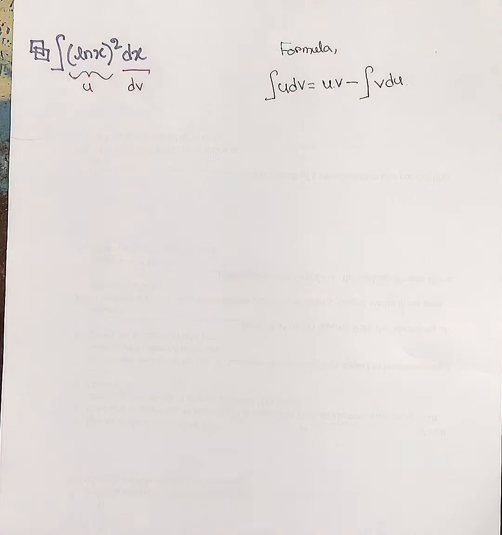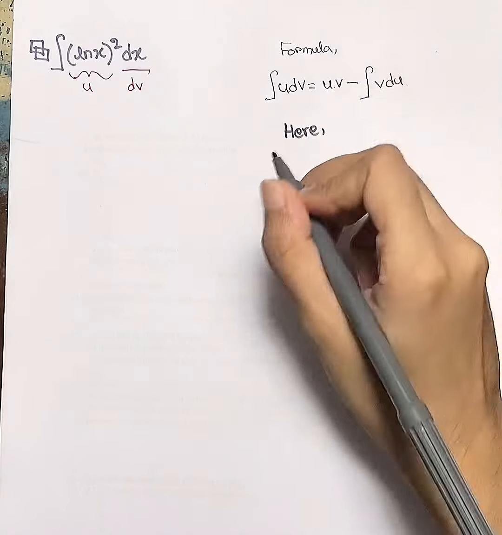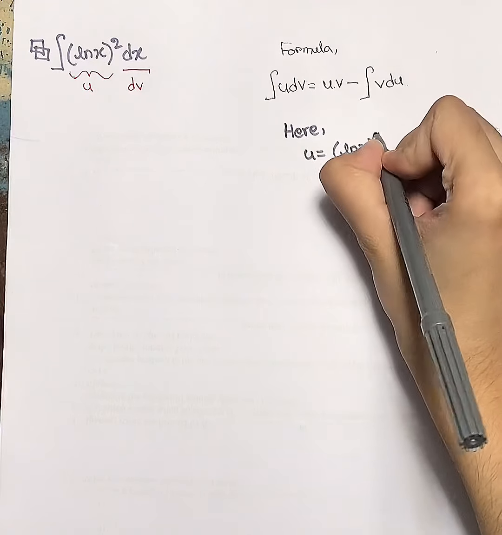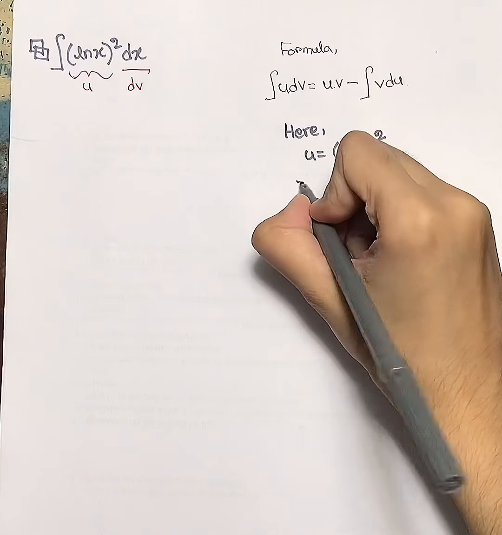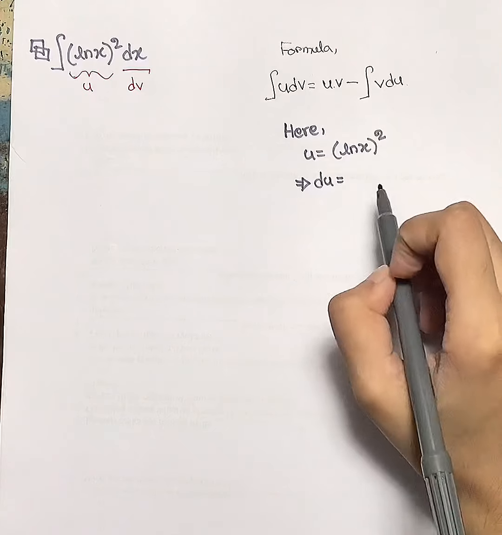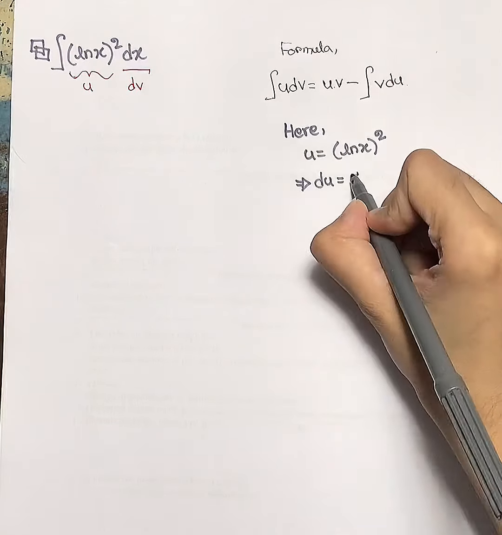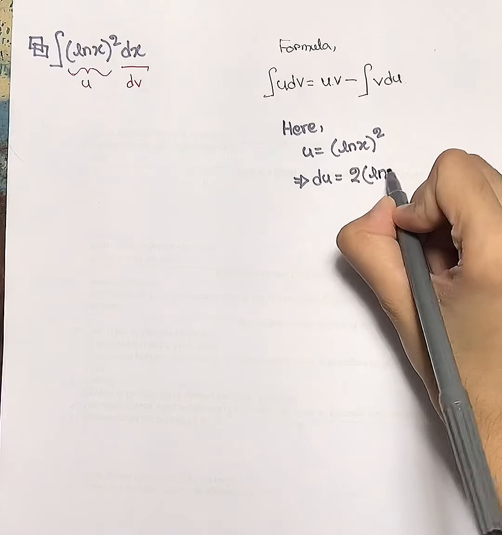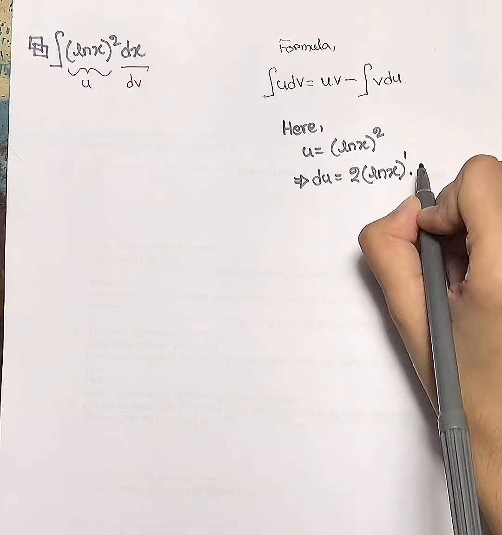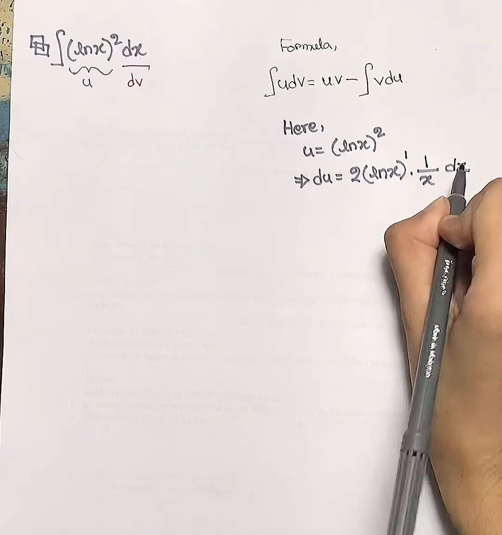Now here, my u is (ln x) whole square, so I will have to find my du. As this is (ln x) whole square, I will have to use the chain rule of differentiation. 2 will come at first, then I will have ln x to the power 1, and then I will differentiate ln x again, and the differentiation of ln x is 1 by x, and then dx.